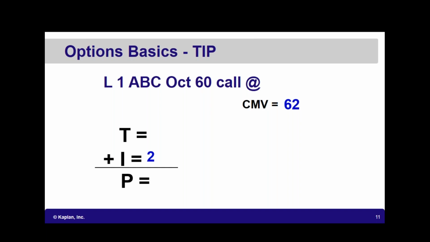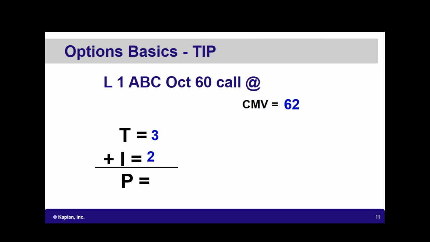So calls are in the money when the current market value is above the strike price. There was a reason I put the calls on the top of that option chart. Hopefully you'll remember call up, and of course puts are down, but we'll get to puts in a bit. For now, we know that our intrinsic value is 2.